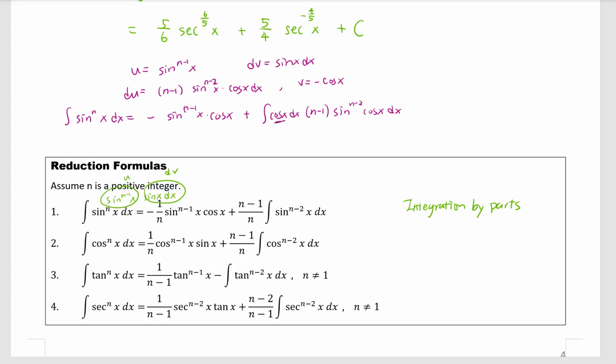Do you see this cosine x and cosine x together? So actually cosine square equals 1 minus sine square. So that's why this guy equals minus.